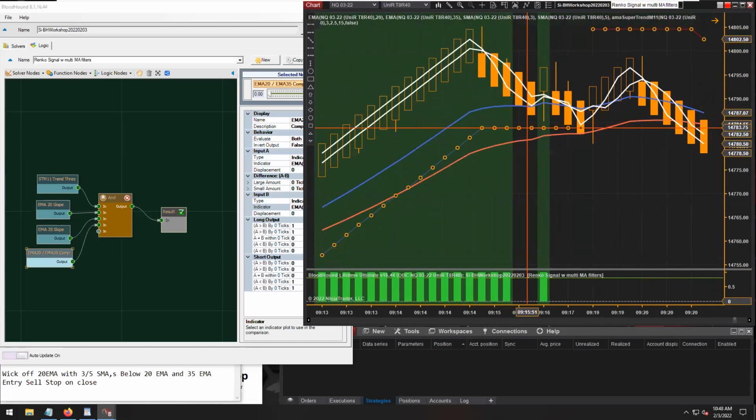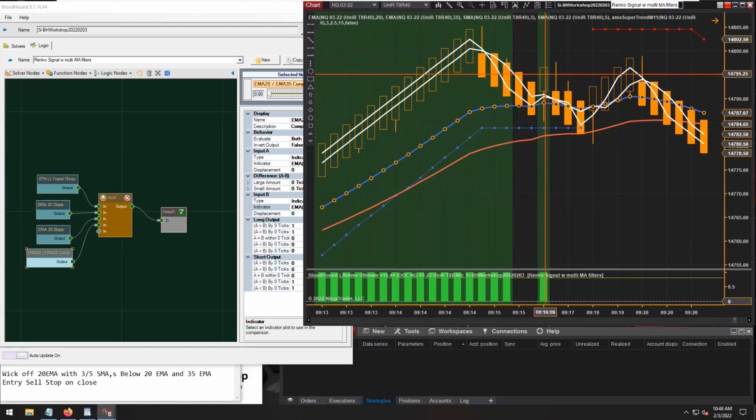Then if we scroll down here a little bit, what happens here is, let's see, my guess is the EMA 20 must start sloping downward right here. Yeah, that must be what's happening right there. So there's no longer an upward trend anymore because the EMA 20 starts sloping downward.